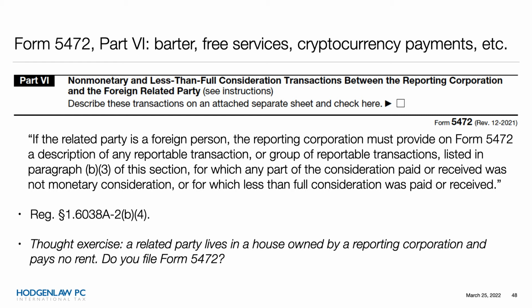Query, is this a transaction for which less than full consideration was paid or received? Well, kind of, yeah, right? You have a corporate asset that was used for free for personal purposes, not business purposes, by the foreign shareholder. It's kind of like you have a general contractor and the corporation just happens to own a yacht, and the owner of the general contracting firm just happens to use the yacht, go sailing on the weekend.